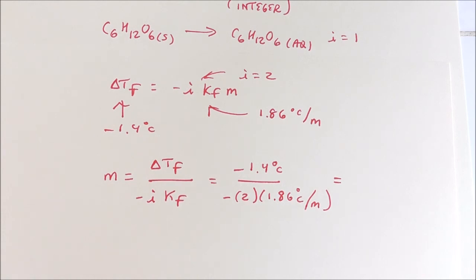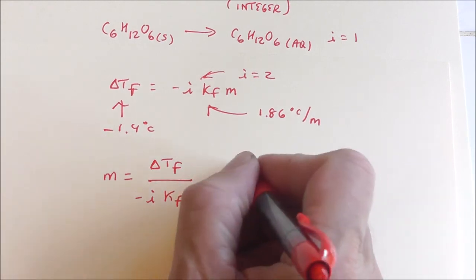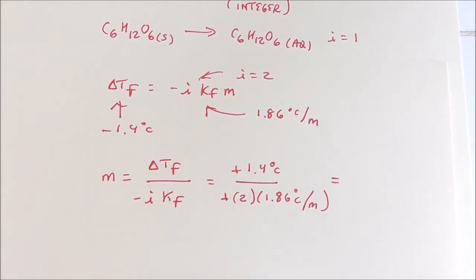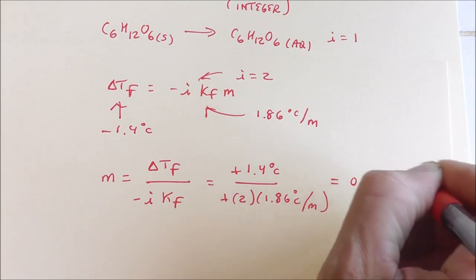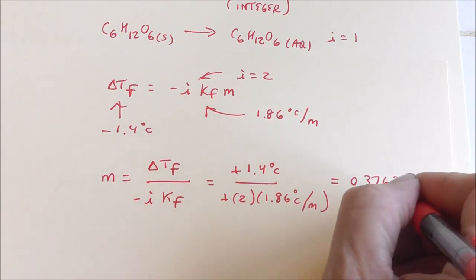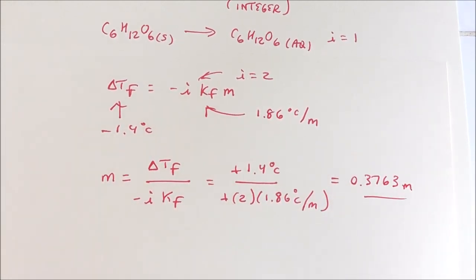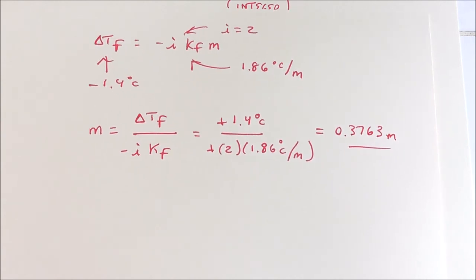So let's go ahead and get rid of these. 1.4 divided by 2 divided by 1.86. This is 0.3763 m. Got to remember what m means.